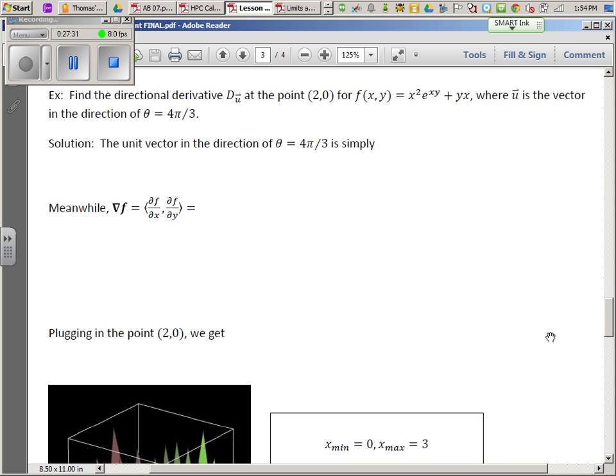Uh-oh. So what do we got to do here? Dot product. We need to do a dot product. What are we dotting? The grad f vector dotted with u. U means the unit vector in desired direction.